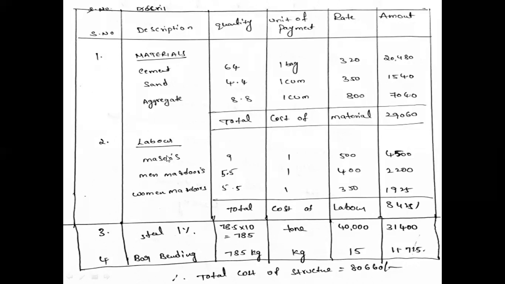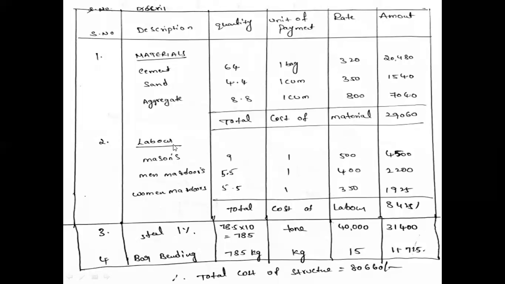Next one, labor. Here, how to take the persons. This is fixed for 1 cubic meter and 10 cubic meters, RCC works, brickworks and cement mortar works. So masons is 9 for 10 cubic meters. Men mazdurs and women mazdurs, actually 10 to 12. We are taking 11, of men and women 5.5, 5.5.